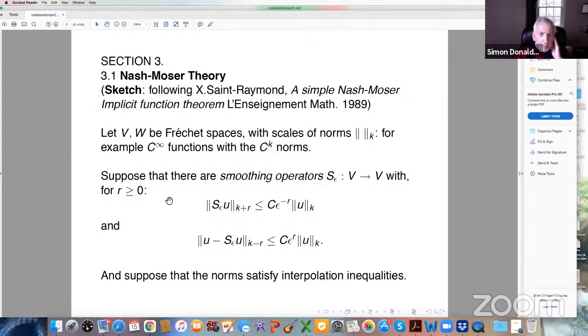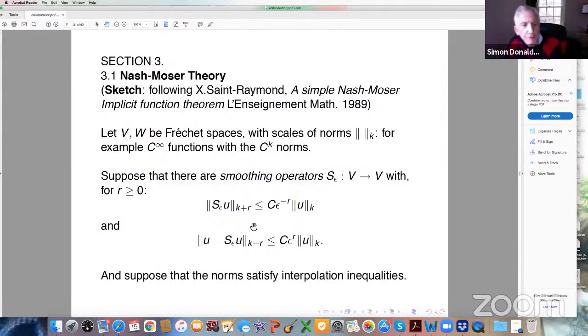So if you take a positive number r, then we control the k plus r norm of the smoothed object, if we apply this smoothing operator to u, in terms of the k norm, but the factor gets worse as this parameter epsilon decreases. But also, we need that these smoothing operators are approximations to the identity as epsilon goes to 0.